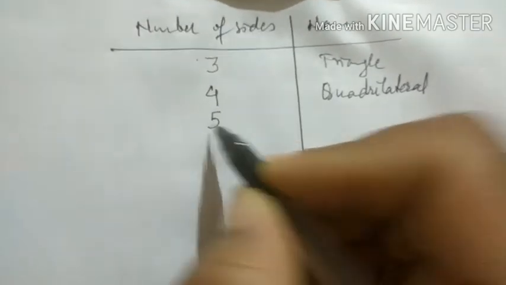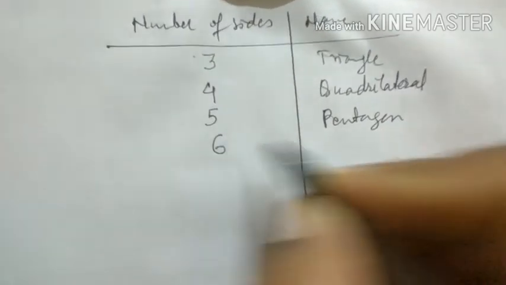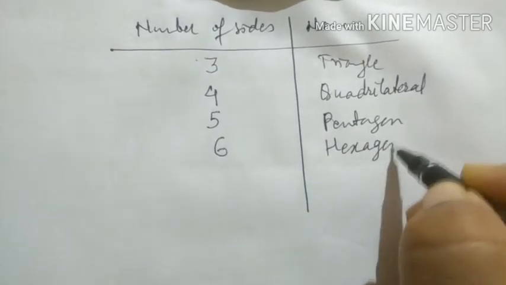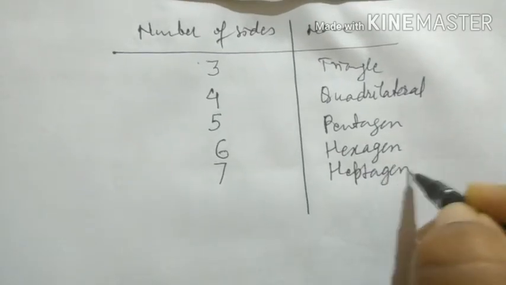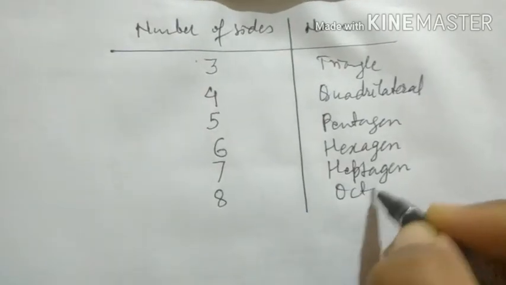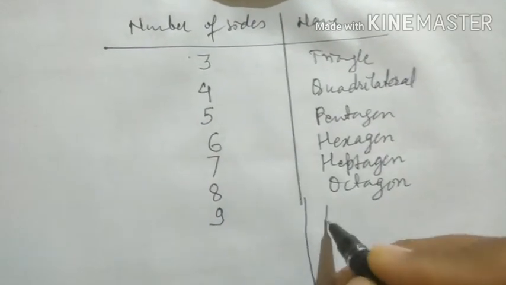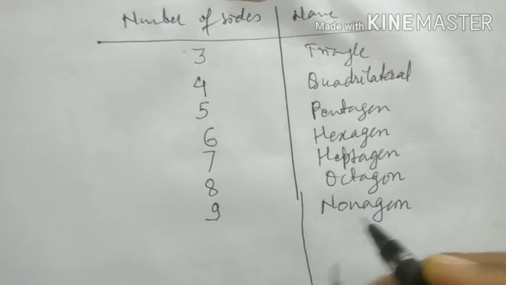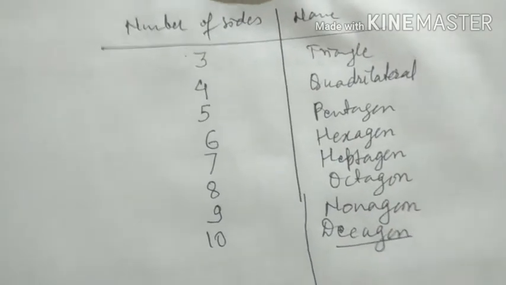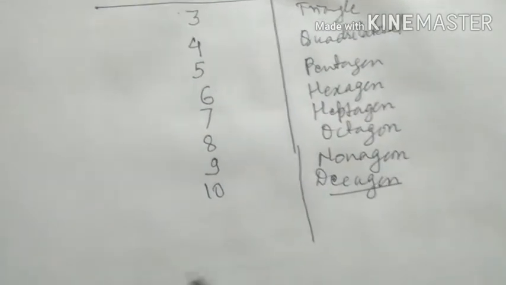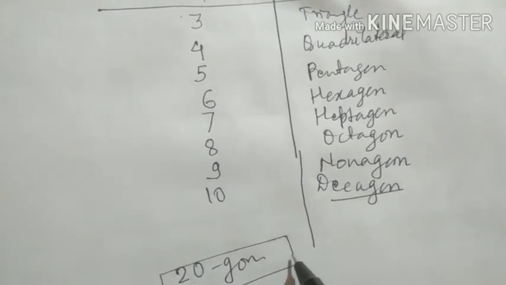When it is 5, it is known as a pentagon. 6, hexagon. 7, heptagon. 8, octagon. 9, nonagon. 10, decagon. And if the number of sides is more than 10, suppose 20, then it is called a 20-gon.